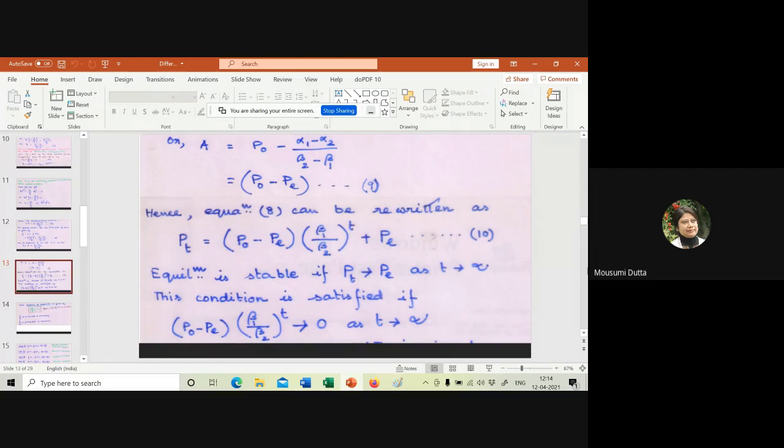This was the time path. And everything I discussed in general is applicable for this kind of cobweb time path of price where we are using the cobweb model.